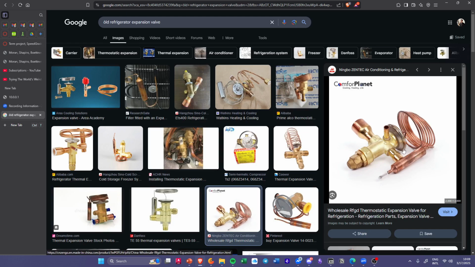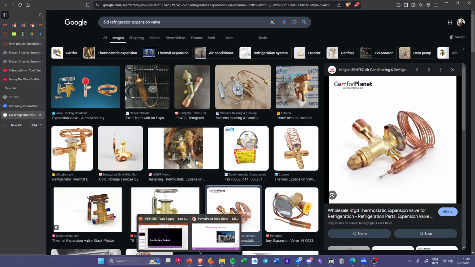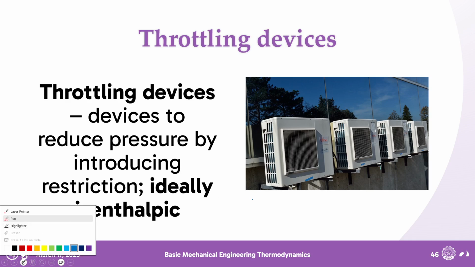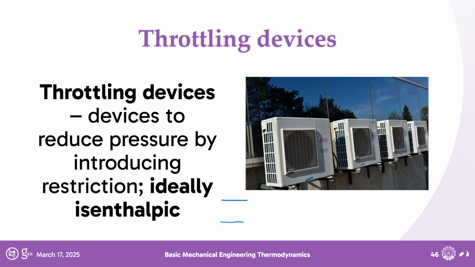And so what does that do? What that does is that it basically creates restriction. What do you mean restriction? In this case, throttling devices are devices used to reduce pressure by introducing restriction. Restriction in the sense of you currently have a tube here and then suddenly you make it very small.